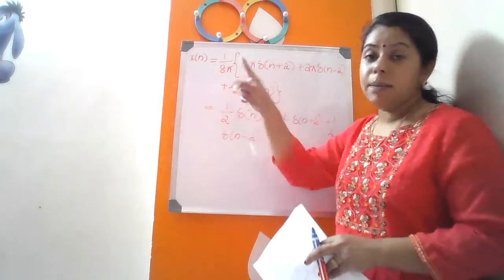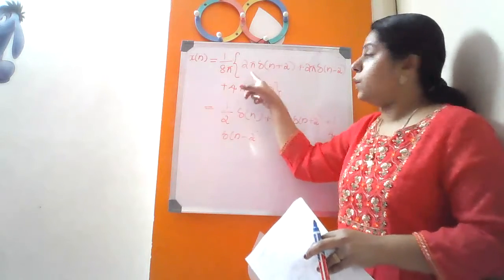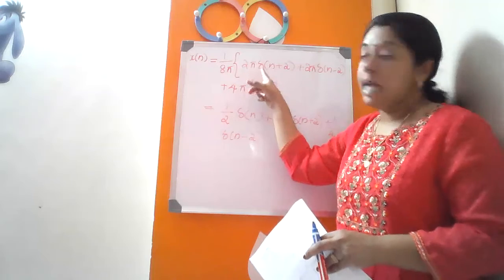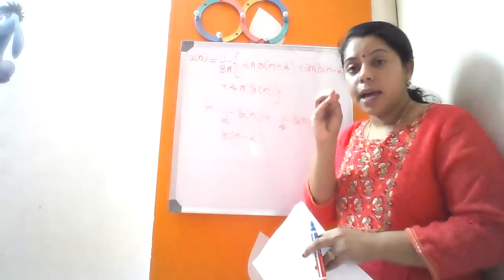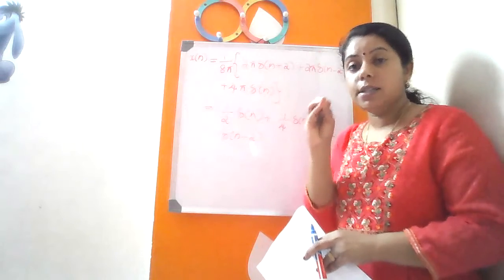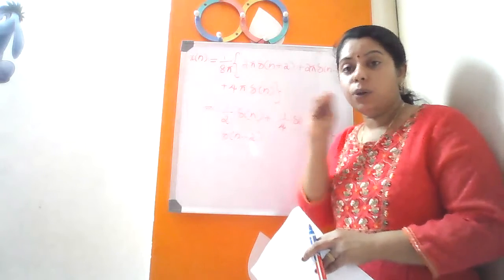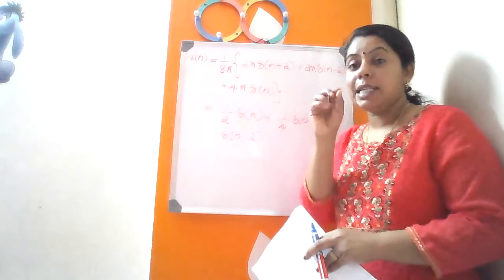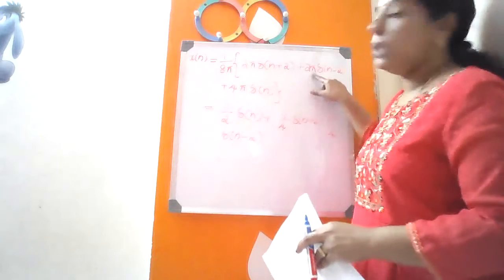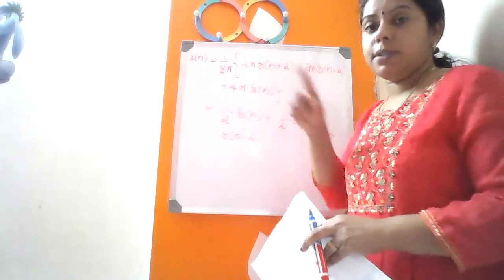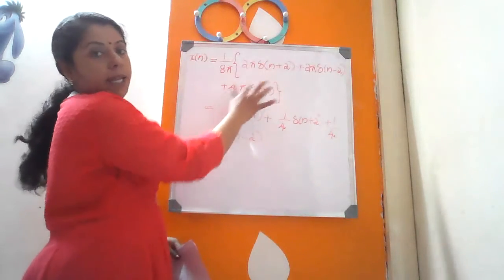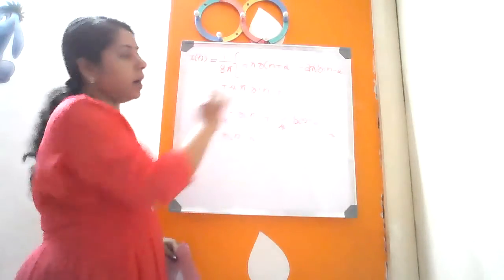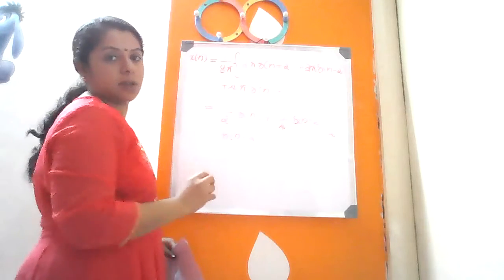Previously the 2 pi was there, so 2 pi del of n plus 2, plus the second term, which has an amplitude only at n equal to 2. That impulse function I can write as del of n minus 2, so that 2 pi multiplied by del of n minus 2, plus 4 pi del of n. So this is what I am getting for x of n.